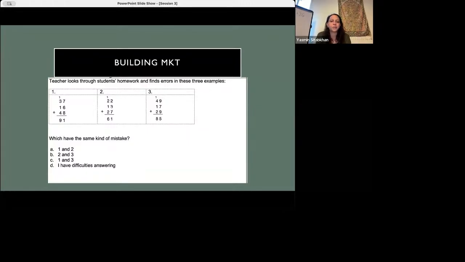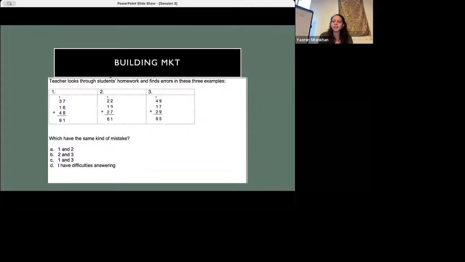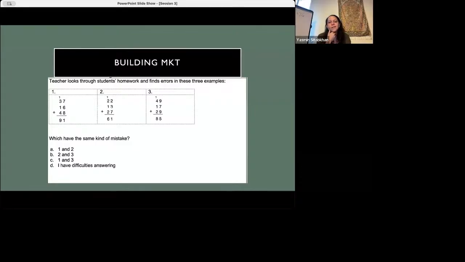What's the error in number 2? Addition of ones. So say more. Okay, go ahead. Addition of ones is wrong. In what way wrong? 2 plus, yeah.